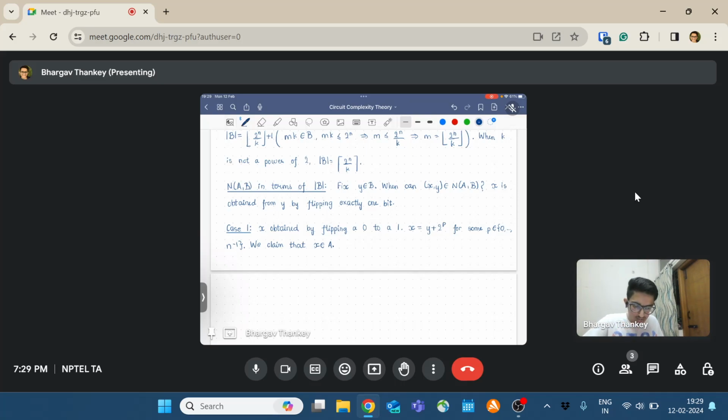And you are flipping any bit of it, so it must be in. Yeah, this direction is fine. So we claim that x is in A. I thought that y is not divisible by k, and you are trying to make it divisible.